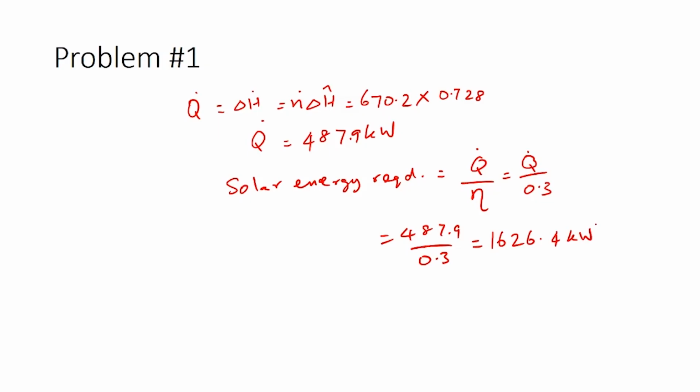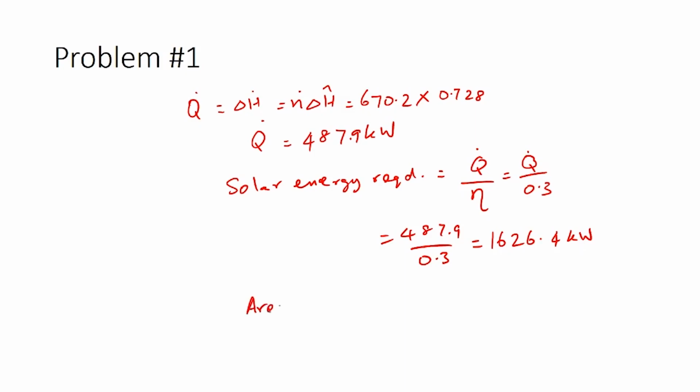We have been told that 1 meter squared can actually provide 900 watts of solar energy. So, we can use the total solar energy required to calculate the area of the solar panels required.